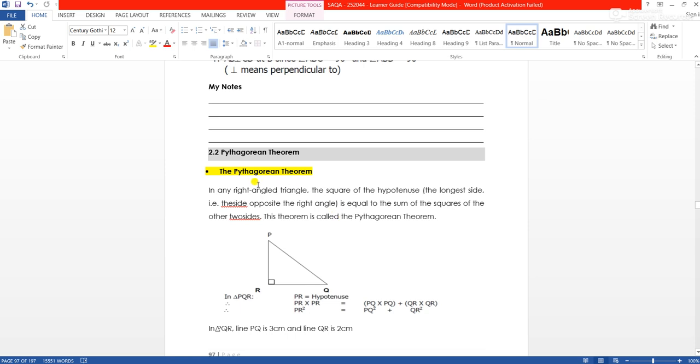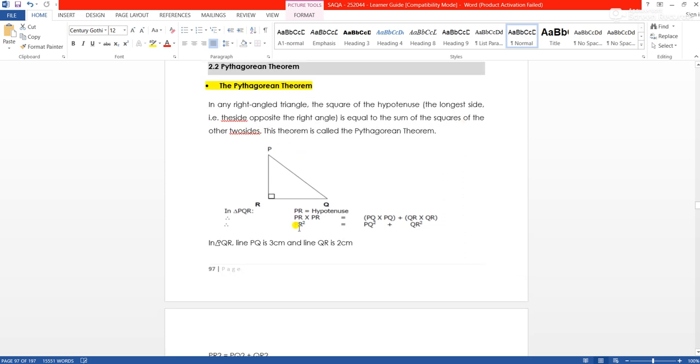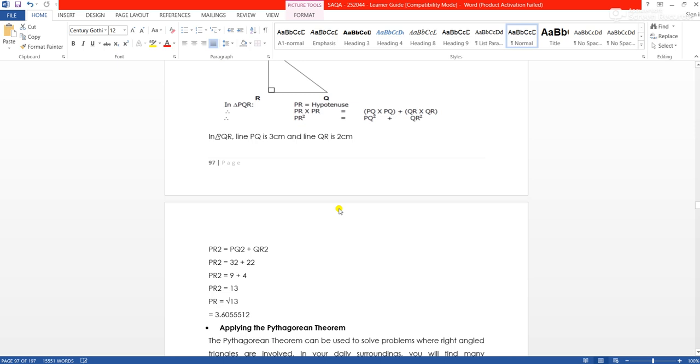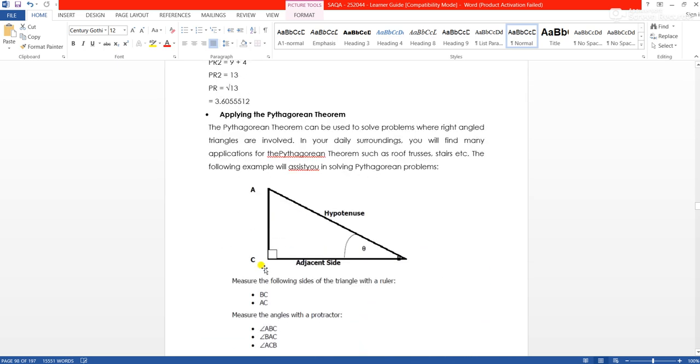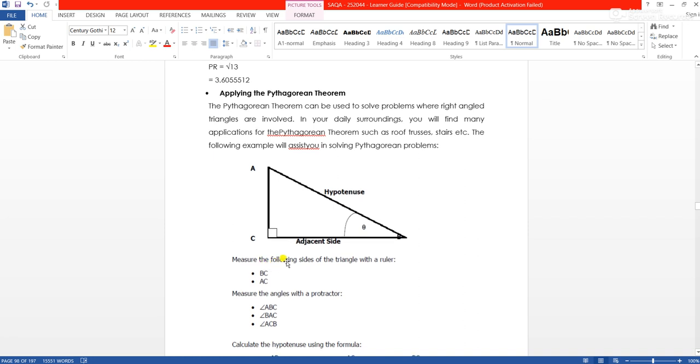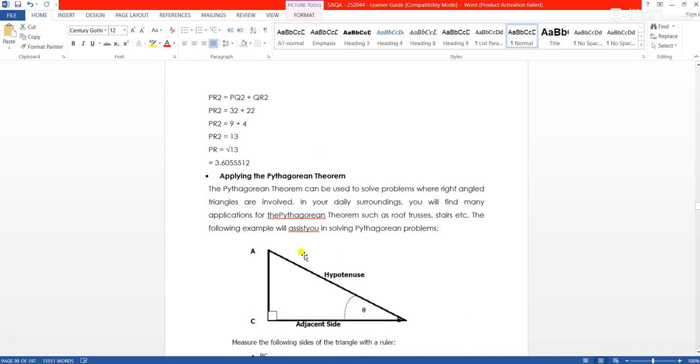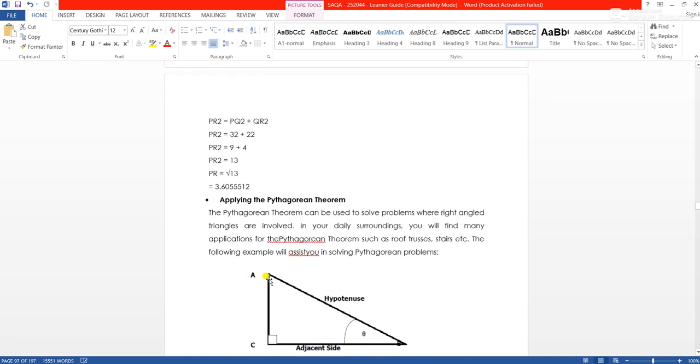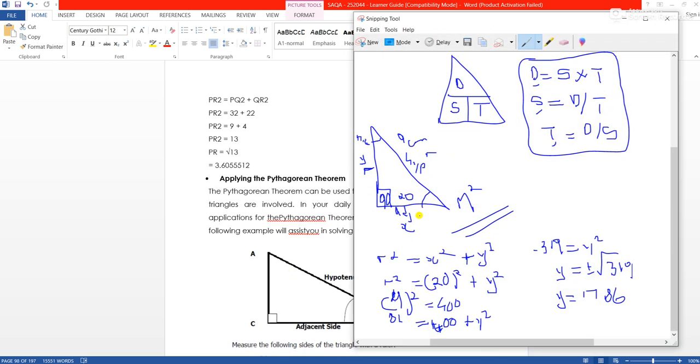like your Pythagorean theorem. In a right angle triangle, the square of the hypotenuse, the longest side opposite, is equal to the sum of squares of the other two sides. This we went through, so it's not a problem. We've done an example similar to this.